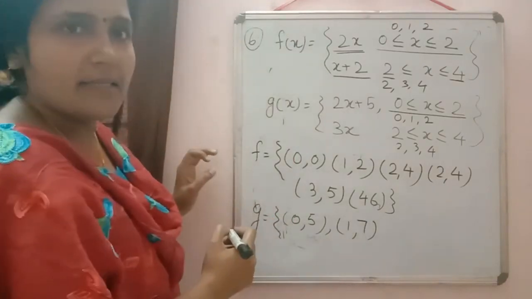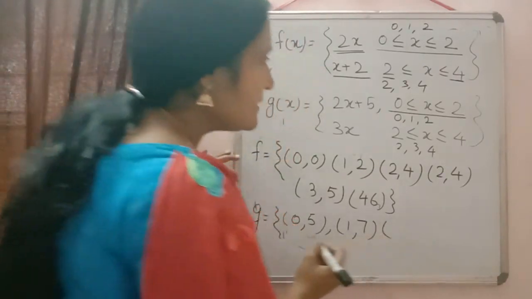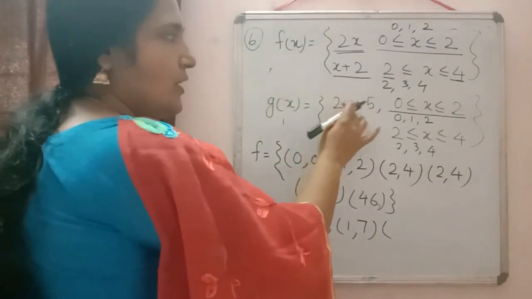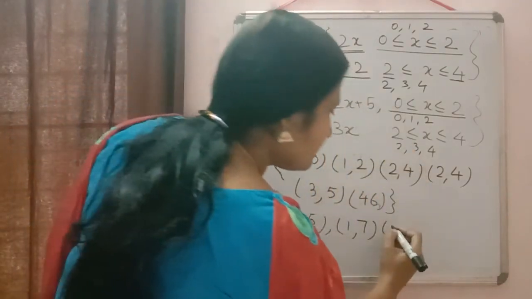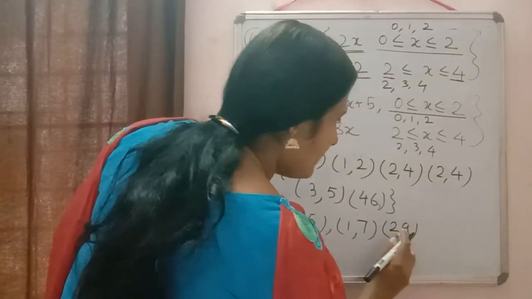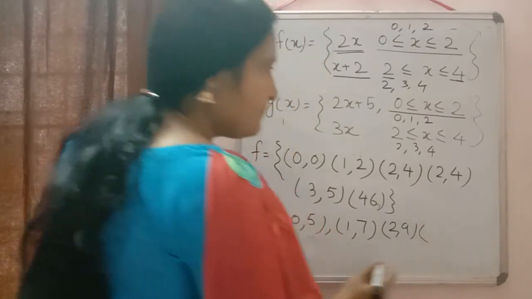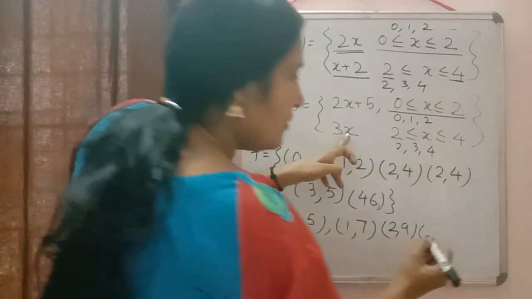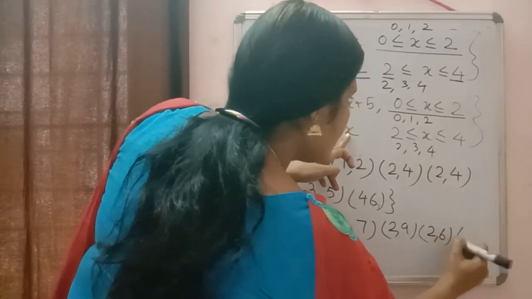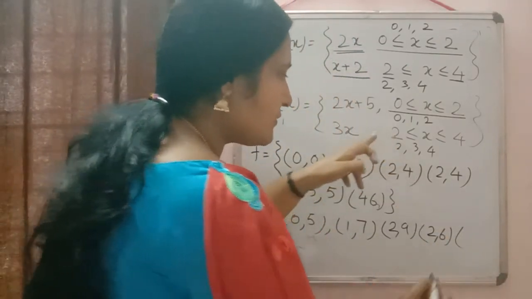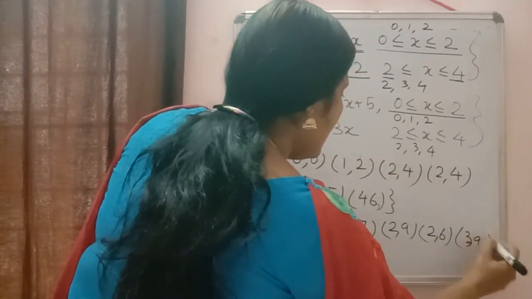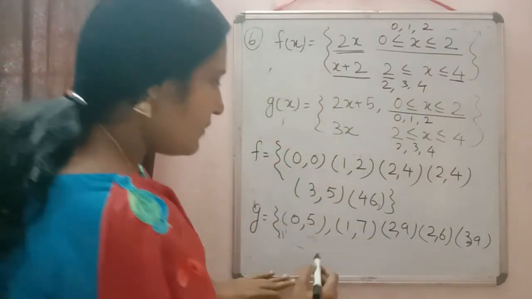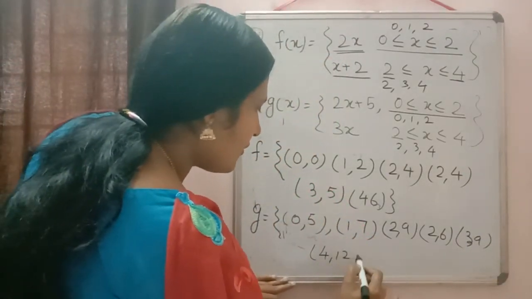So 1 comma 7. Then when x is equal to 2, 2 into 2, 4, 4 plus 5, 9. So 2 comma 9. Now here, when x is equal to 2, we are getting 3 into 2, 6. So 2 comma 6. When x is equal to 3, we will get 3 comma 9. Then when x is equal to 4, we will get 4 comma 12.